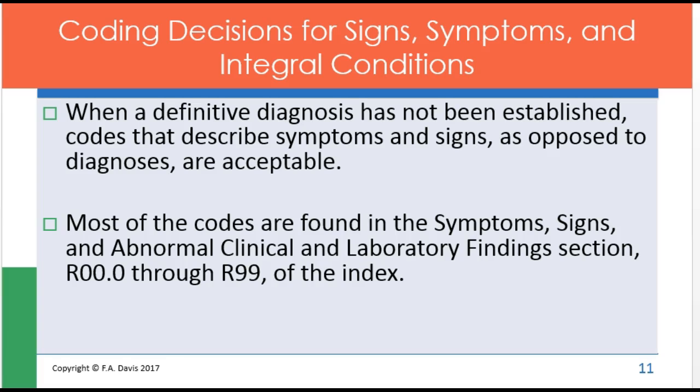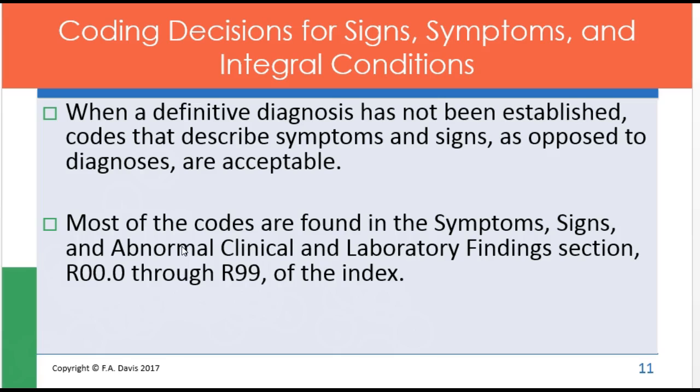If they are not typically something that would go along with the diagnosis, then you do code those as secondary codes. Okay, and most of your signs and symptoms are going to fall in the R's. And we'll see more about those once we get into our individual chapters.